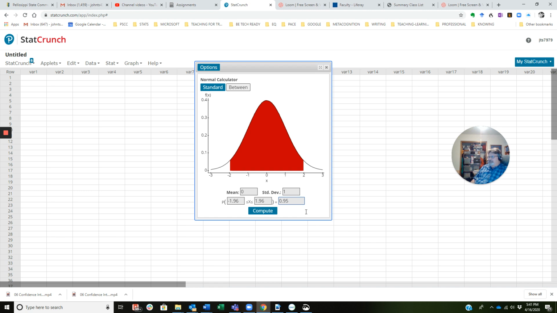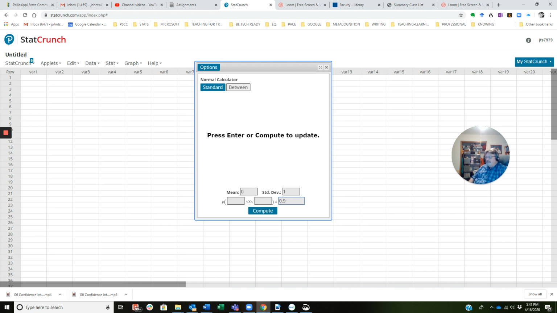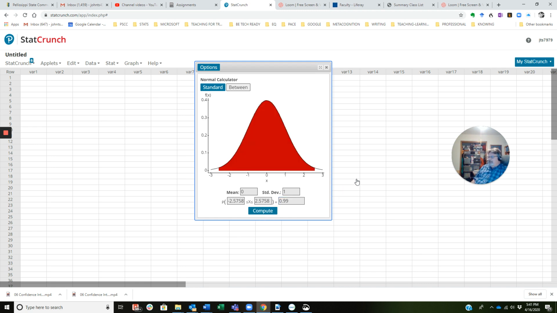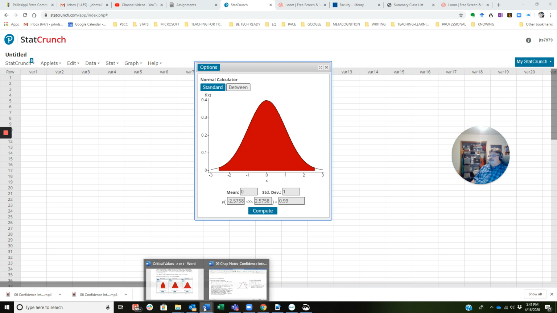That's a Z-score we'll see frequently. We're going to see these again in hypothesis testing in the next chapter. Like I say, that's a common Z-score. The last one is 99%, and I'm going to click compute. And there I get 2.5758.